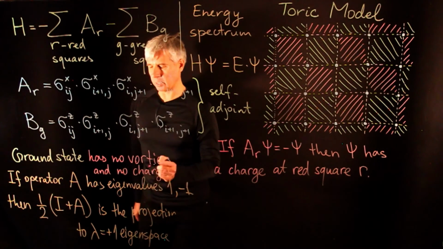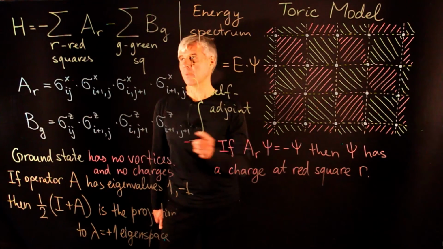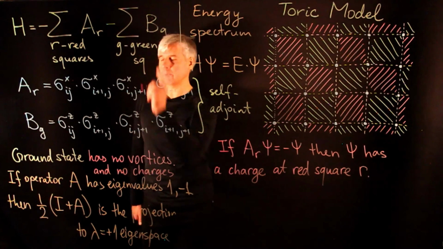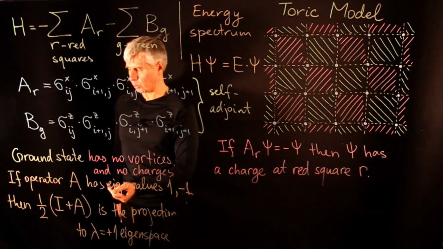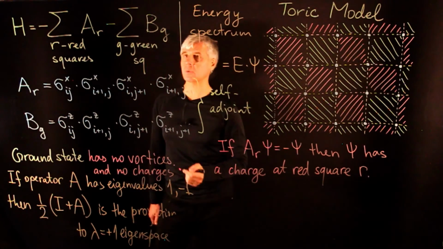So that will ensure that the ground state has eigenvalues +1 with respect to each AR and BG operators, and the total energy of the ground state will be -n².